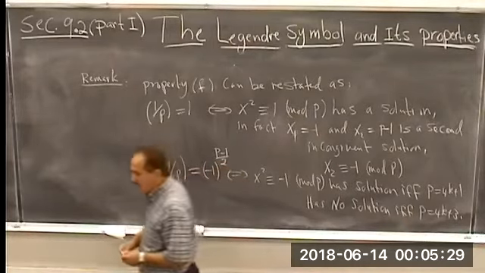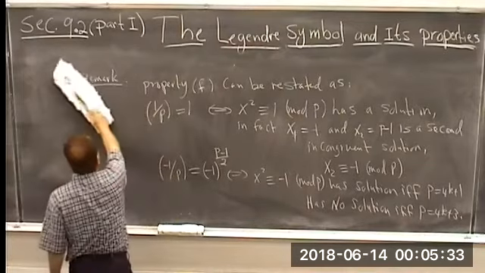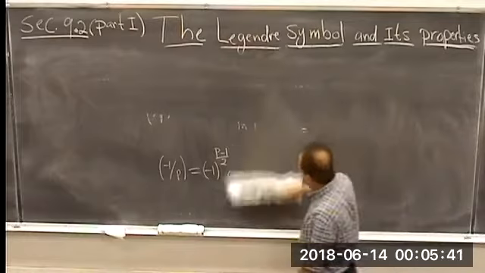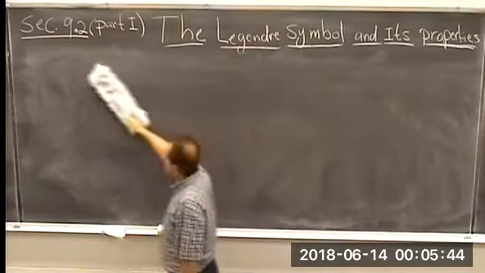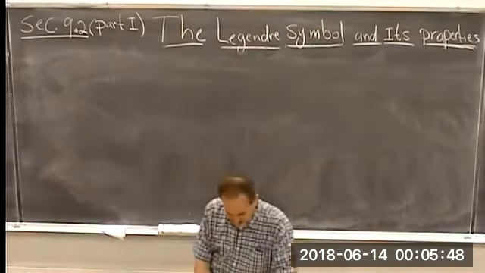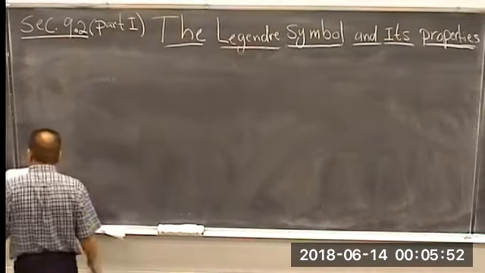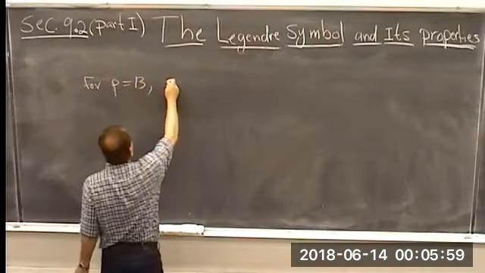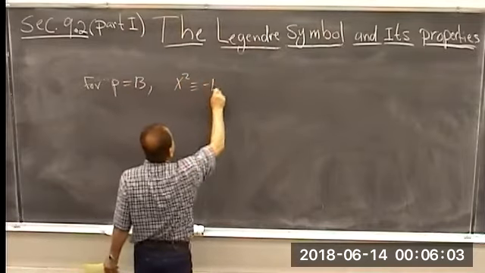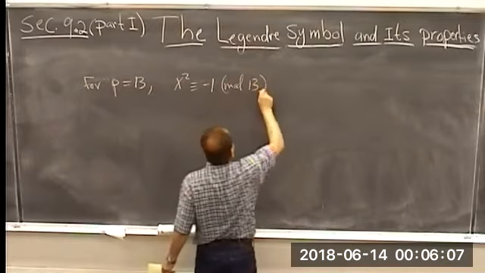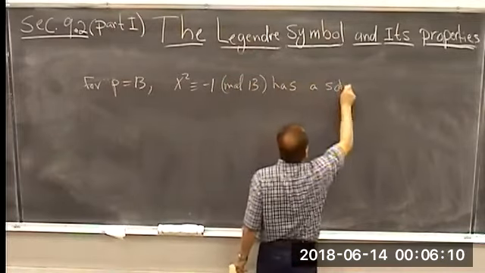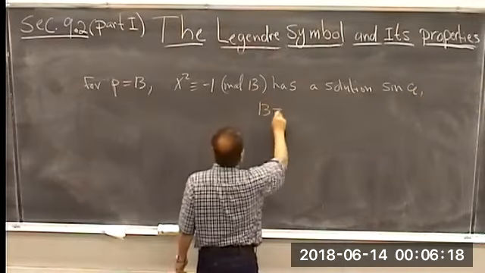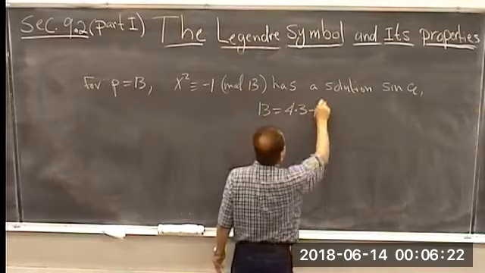So, for example, for this particular remark, a numerical example: for p equal 13, we have x squared congruent to negative 1 mod 13 has a solution, since 13 is equal to 4 times 3 plus 1.